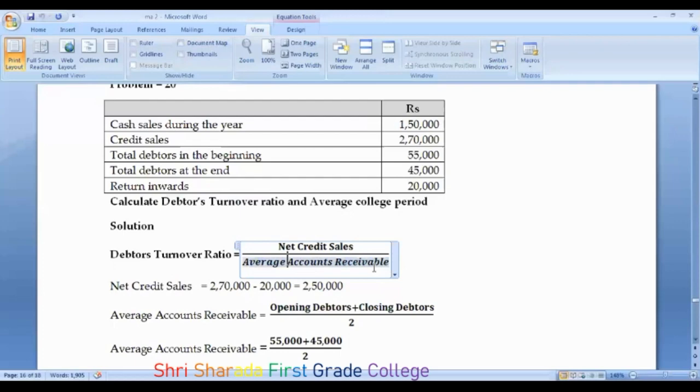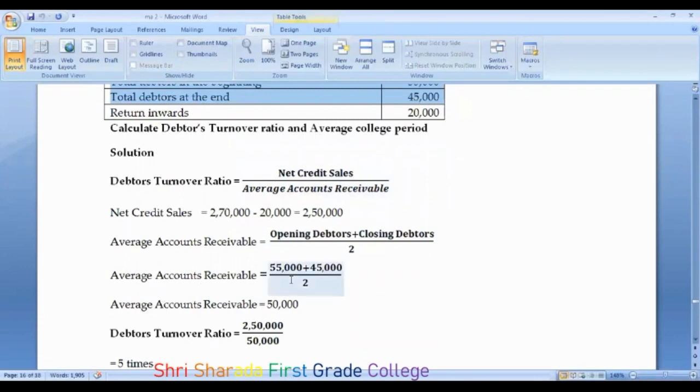Sometimes debtors in the beginning as well as total debtors at the end will be given. So you need to take either this information or that information into consideration for average accounts receivable. Clear? So here, make a note, total debtors in the beginning is given, along with the total debtors at the end. So add them on the calculator and divide by 2, you'll get the value of the average accounts receivable. So the average accounts receivable gives you 50,000.